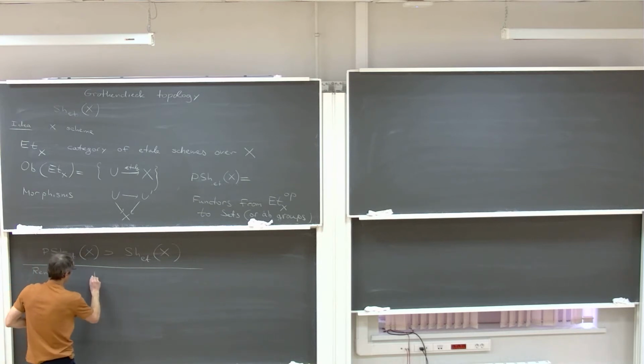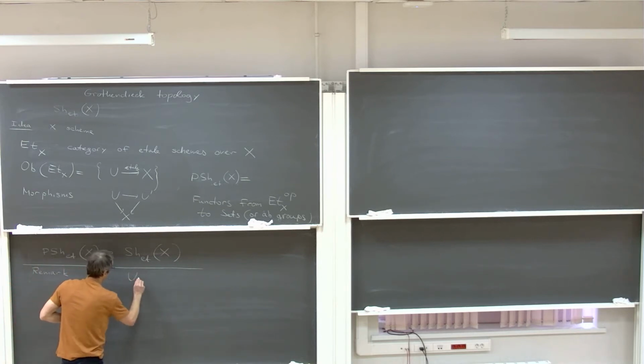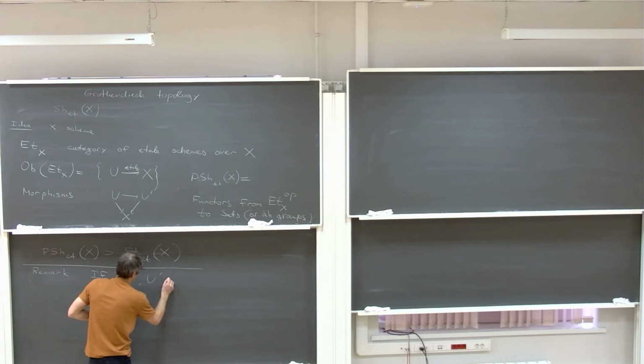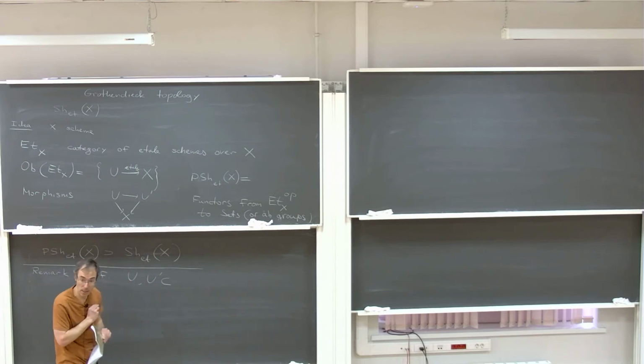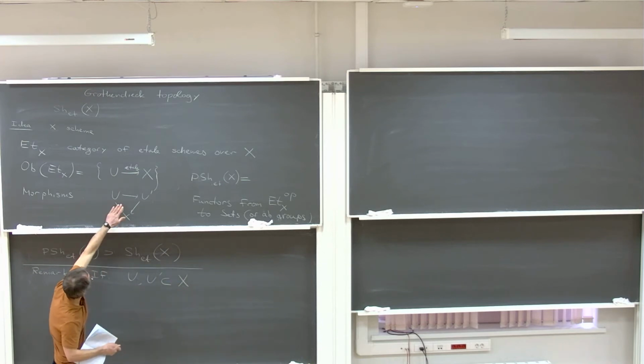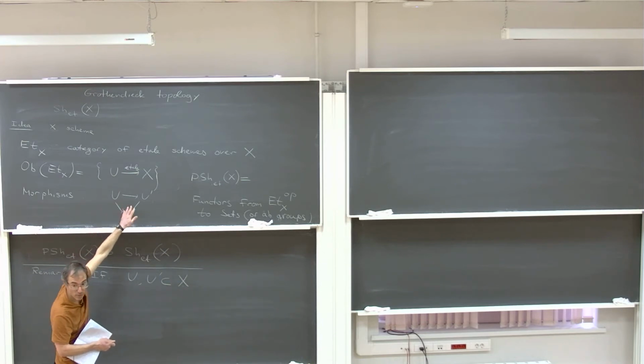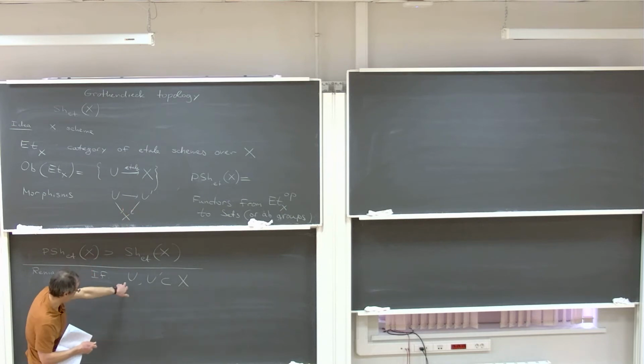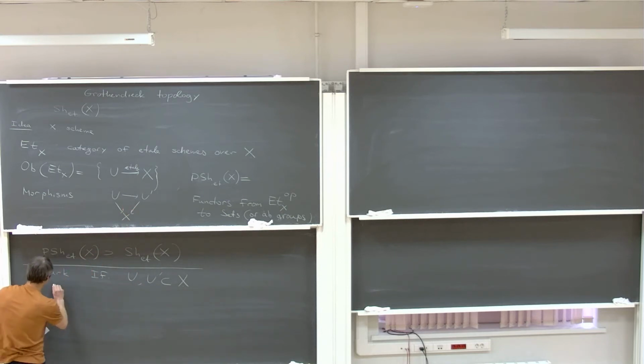These are examples of étale morphisms, open embeddings.